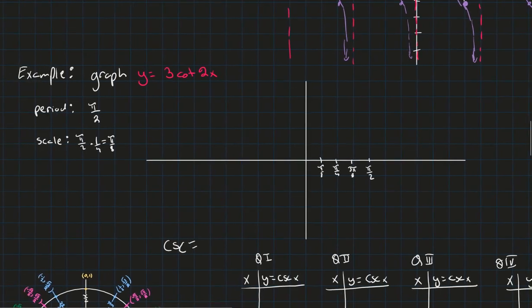So there it is. And now let's do this. Our asymptotes, remember, there is no shift happening, right? So there's going to be an asymptote right over here, and an asymptote right over here. Halfway, a fourth, 3/4 of the way. And there is your graph for this.